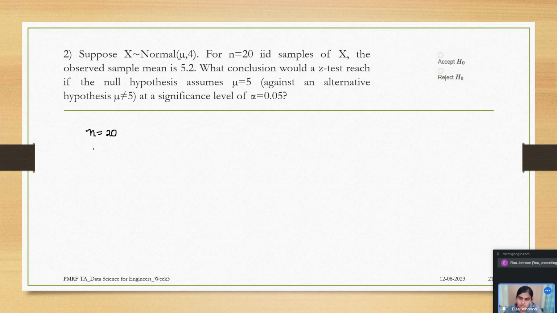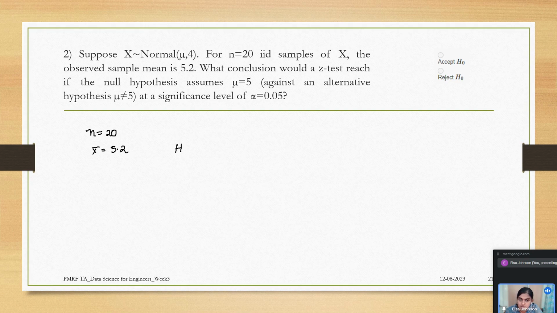Then the observed sample mean, I'll give as x bar, is equal to 5.2. Then we are asked to find out the conclusion of a Z test, if the null hypothesis assumes mu equal to 5.